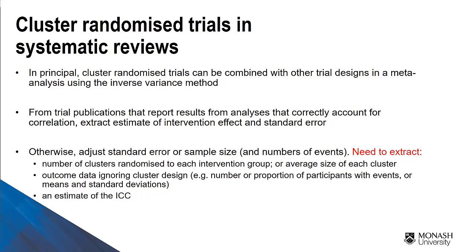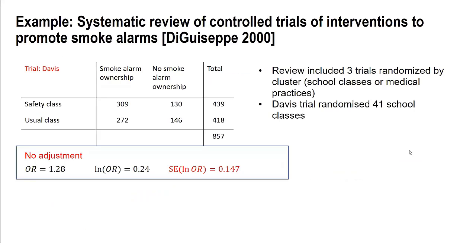Outcome data ignoring the cluster design, so the number or proportion of participants with events, or the means and standard deviations, and an estimate of the ICC. So we've already covered where we might get that estimate from, either from other sources or guidance, or it might be that within the meta-analysis there are other cluster trials and you could borrow the ICC from one of those cluster trials if that's reported.